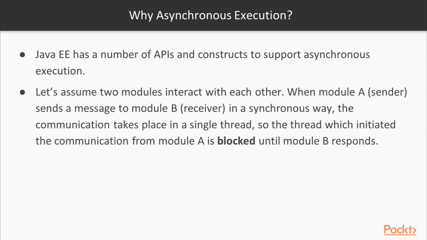As we heard in the first section, if two modules, for example a sender and a receiver, are both executed in a single thread, then the thread is usually blocked until the second module responds.